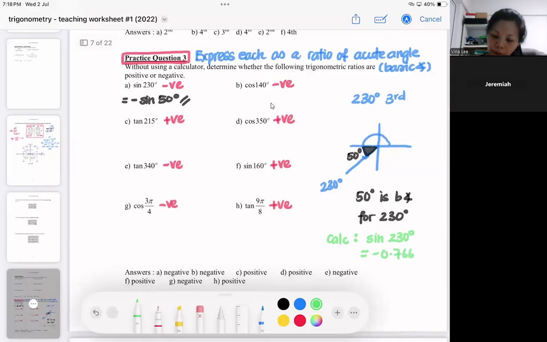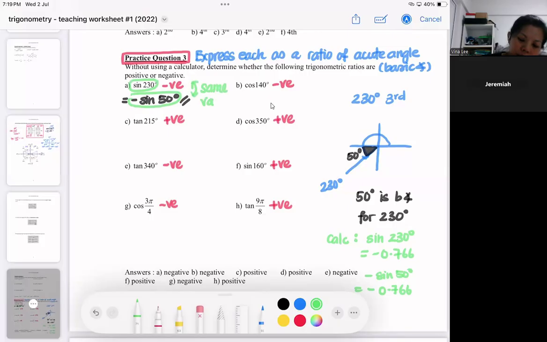If you press minus sine 50, you also get minus 0.766. So Jeremiah, you take a look, 230 ends up to be the same as this. That means they are the same value.